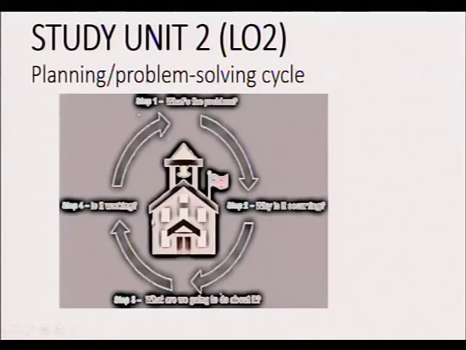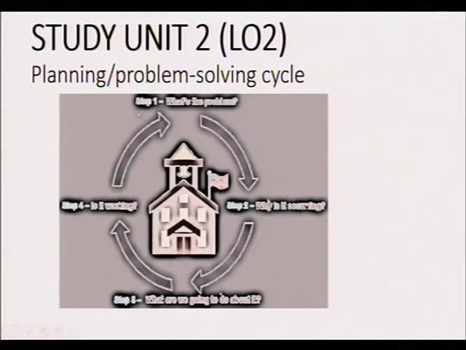And here are the possible styles. I have to apologize for my figure that is not very clear, but in your study guide it is very clear. Step 1 in that cycle: what is the problem? In the problem solving cycle, you ask yourself, what is the problem?